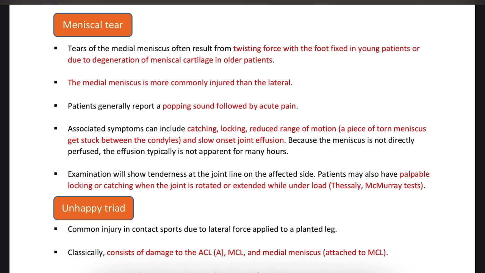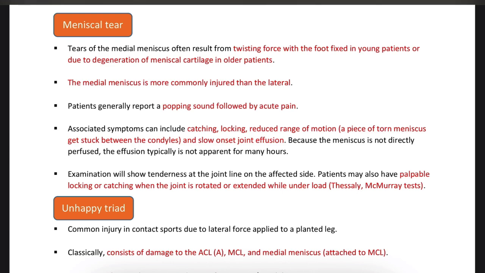In clinical features, the patient will come with a popping sound and pain, especially with movements, catching or locking, and delayed effusion as the meniscus is poorly vascularized.